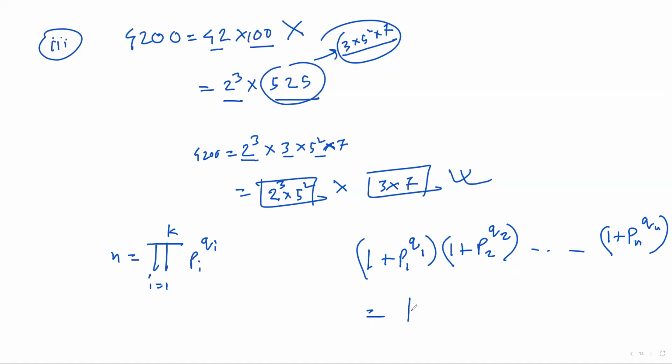Basically, we are considering the expression product of i goes from 1 to k, 1 plus pi to the power qi.